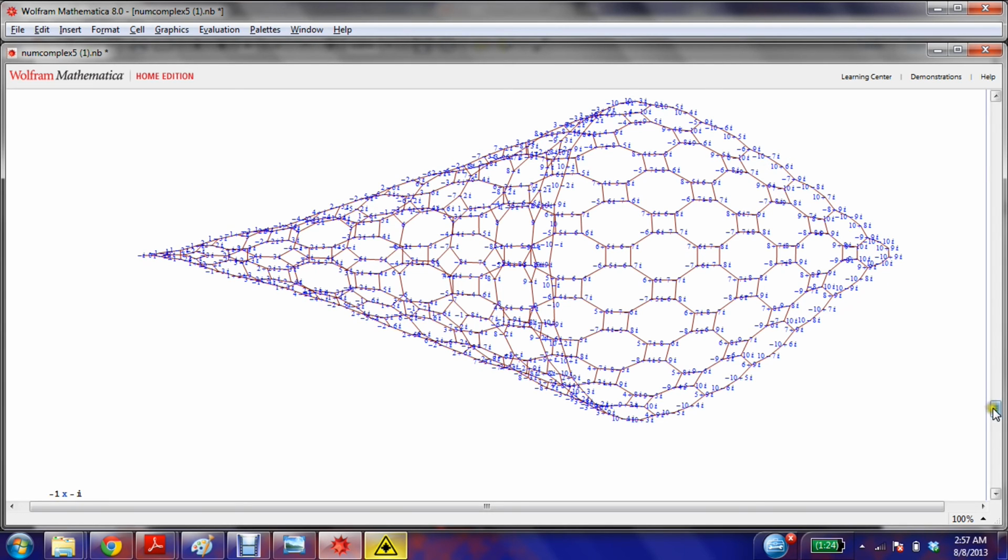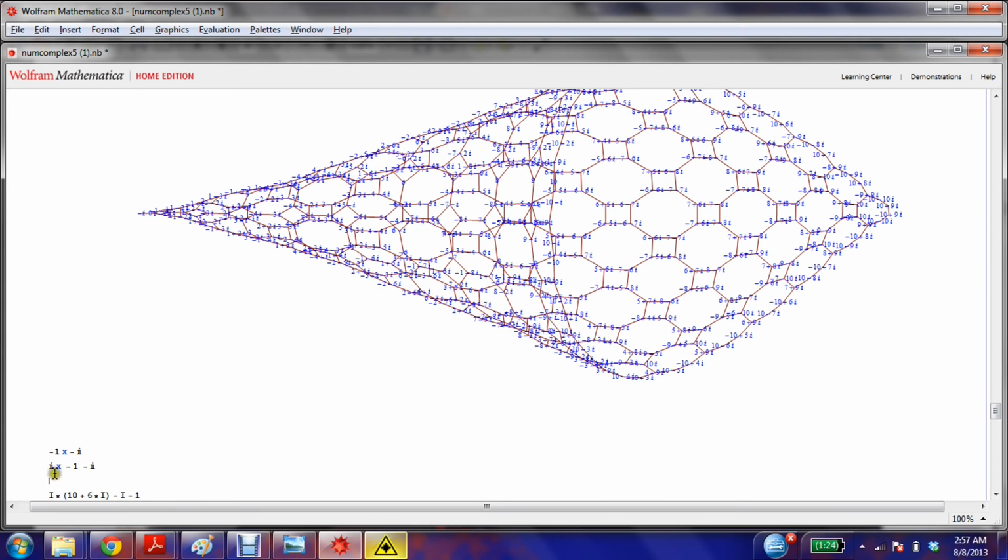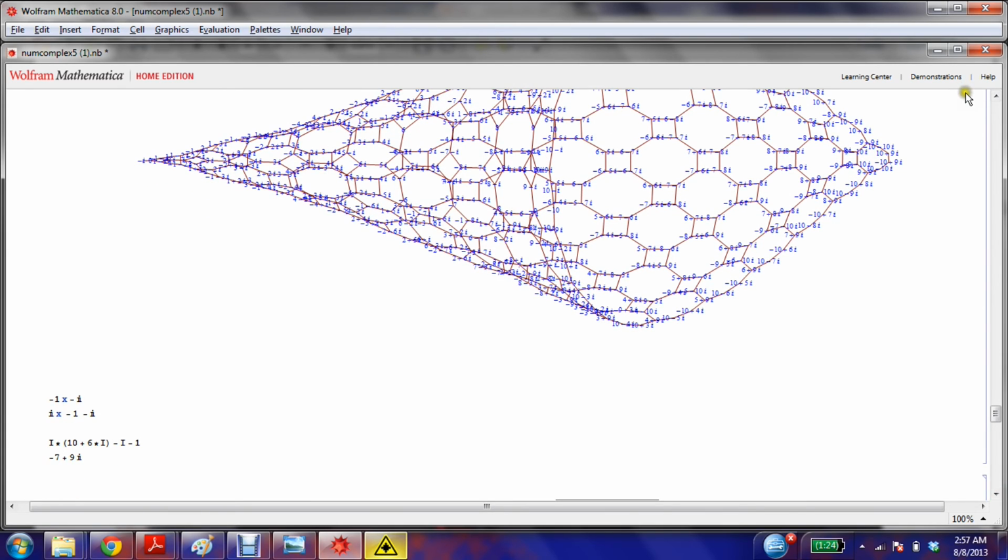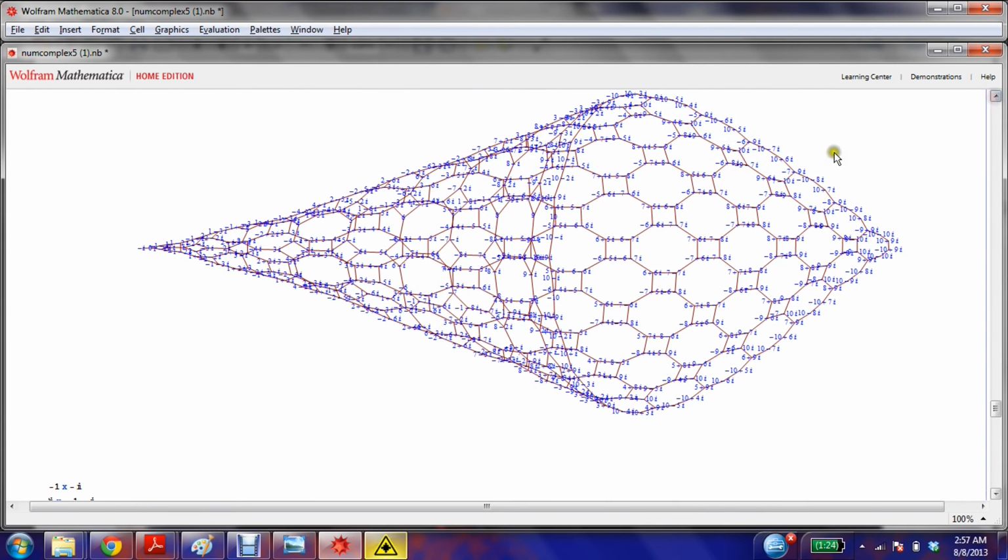And these are our different functions. So if we apply this function here, this makes one kind of edge. Let's say this makes the blue edges, and this makes the red edges. So if we apply this kind of function to 10 plus 6i, then we get -7 plus 9i, which is there.